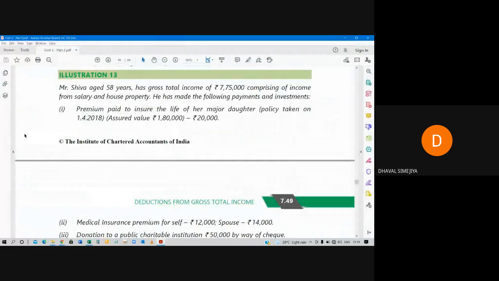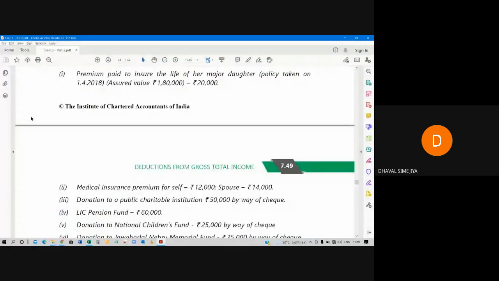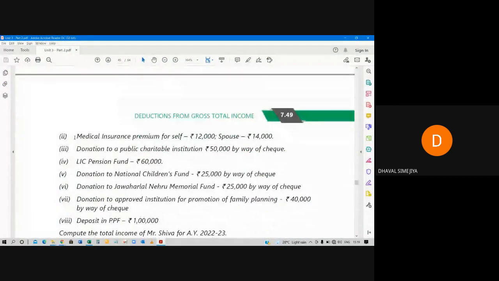Now the next one. Medical insurance premium paid for self 12,000, for spouse 14,000. Medical insurance premium, which section is it available under? 80C, 80D, 80E, which section?